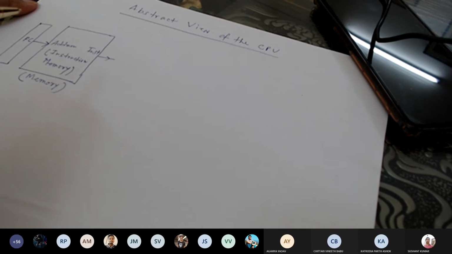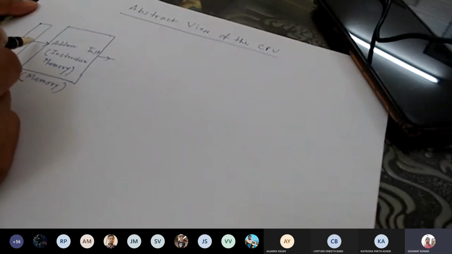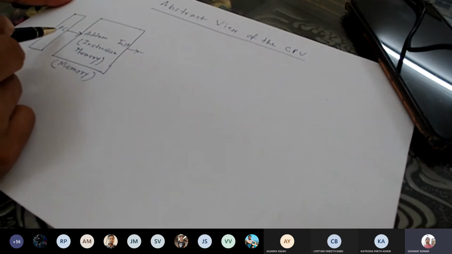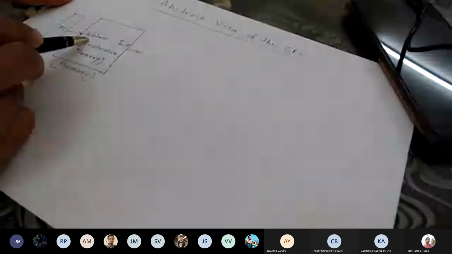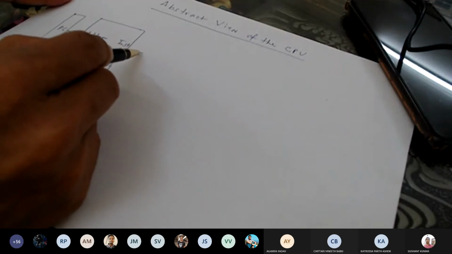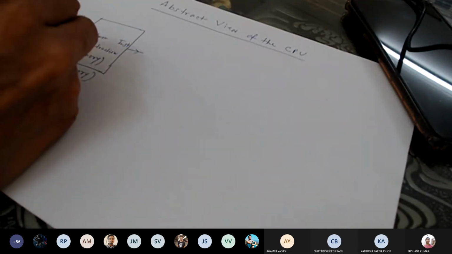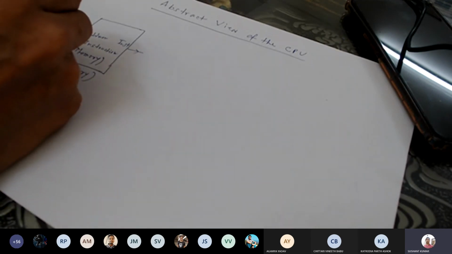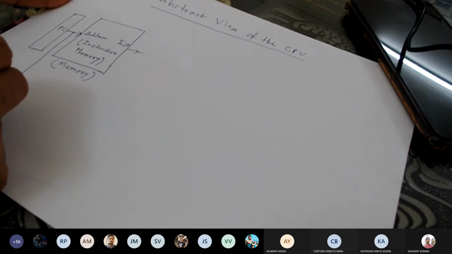Can someone tell me why I need this value again? This value of the program counter goes to the address and fetches the next instruction. Do I need to take this value again for doing something? For incrementing it. Right. So I can easily take the value here itself.